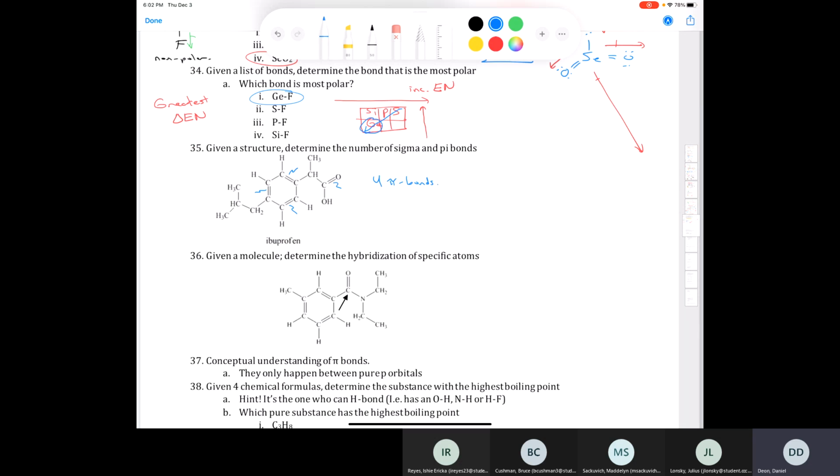Let's tally them all up. But remember, this is a condensed structure. You're going to have to follow me pretty carefully here. Look, how many do I have with CH3? Well, that CH3 is actually CH3. They're not drawn, they're condensed, but I know I've got 1, 2, 3.